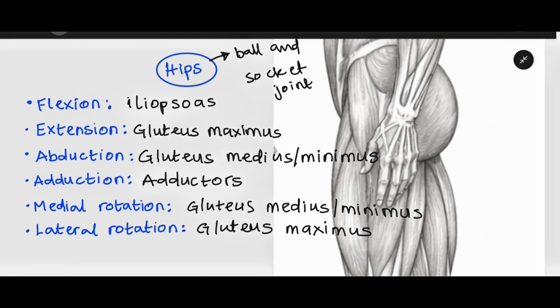So rotation of the leg inwardly is medial rotation. Lateral rotation is when you open up, so you rotate your legs outwardly.